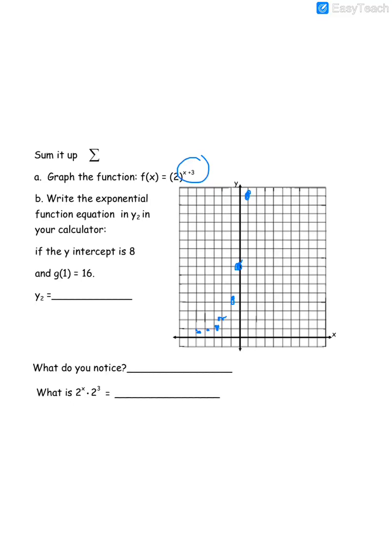Nothing else is really going to fit in quadrant 1. And hopefully you're recognizing that the asymptote, the one that it's going near, is the x-axis. And this is called f of x.